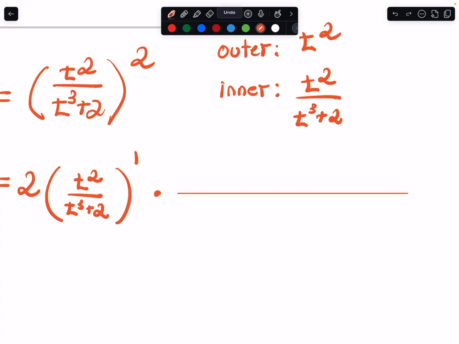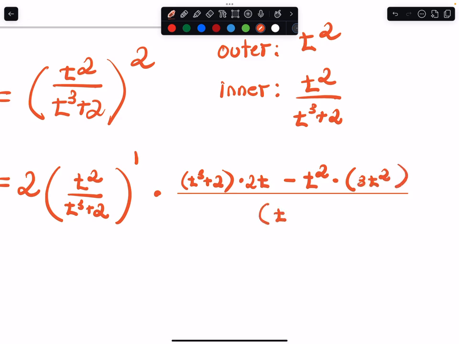So it's low d high, the derivative of t squared is 2t, minus high d low. You see I have to do this or else I would get it wrong. The derivative of t cubed plus 2 is 3t squared. Square the bottom, and away we go.